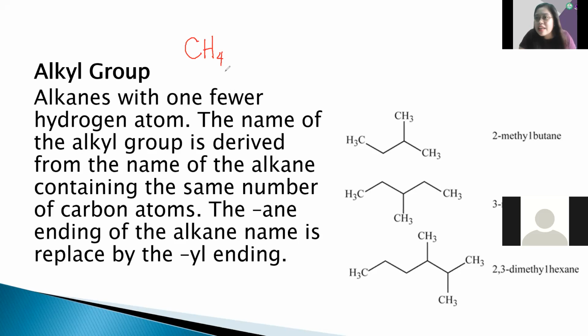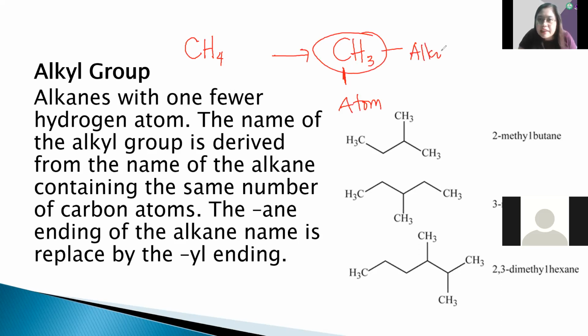It can be another carbon or another type of atom. For example, it becomes CH3, and this CH3 will be bonded with another atom here. This CH3 is called an alkyl group.